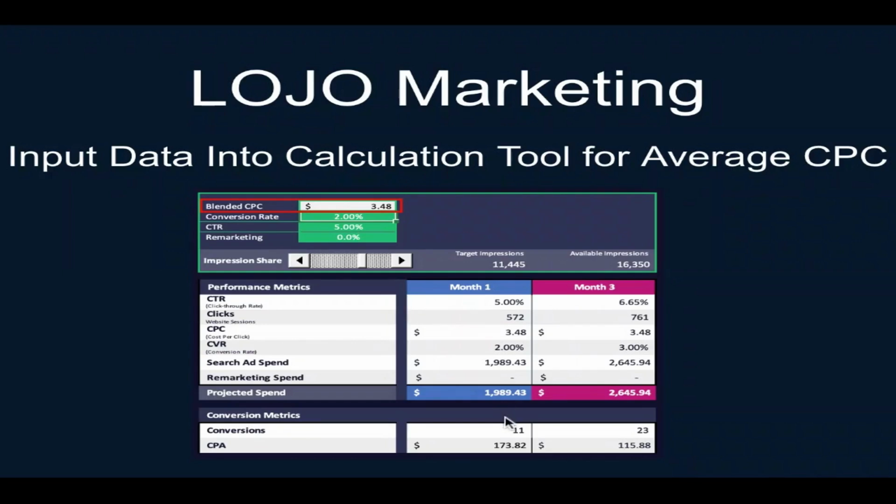About 2% of those should convert into a lead, which means that for a $2,000 budget per month, we could anticipate about 11 leads, which puts us at about $173 for the cost of acquisition, for the cost per lead.